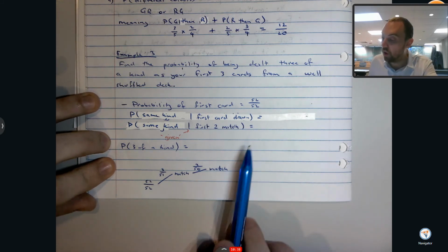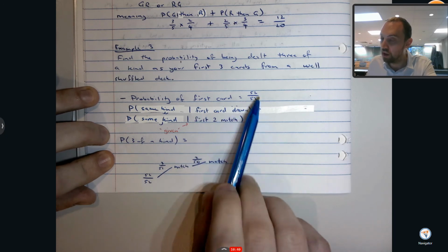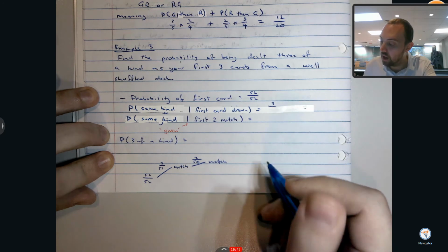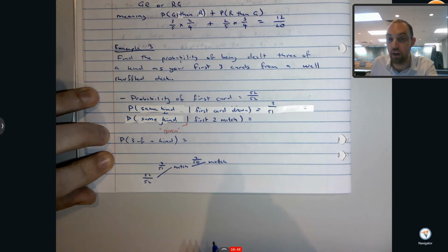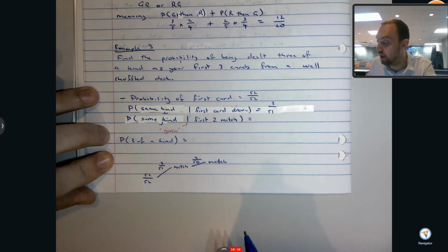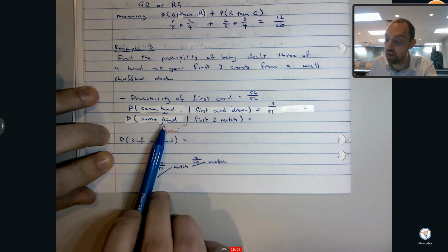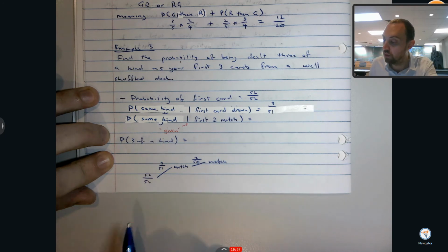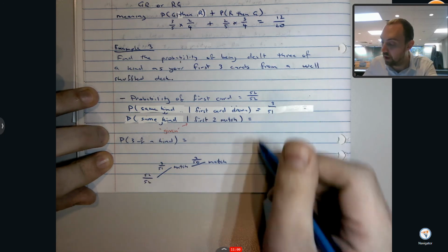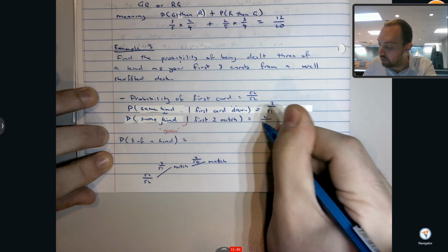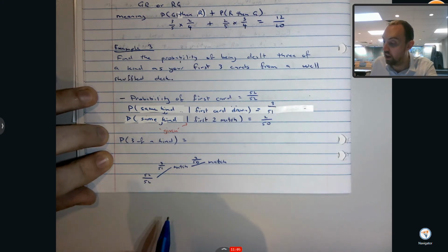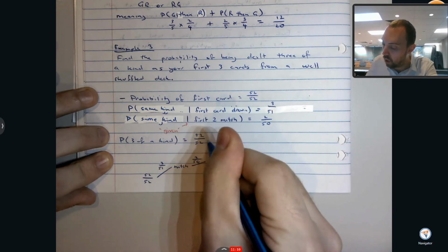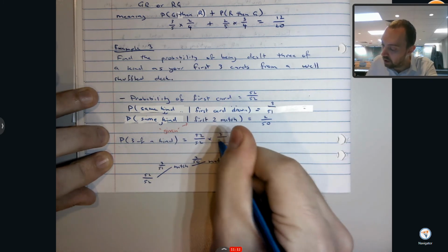So if we've already taken one, there's going to be 3 left over, and there are 51 cards still left. If we've taken 2 of them out, and we want to know the probability of it being the same kind, there's only 2 out of 50 cards that they still have it. So the probability of 3 of a kind is these all multiplied by one another.